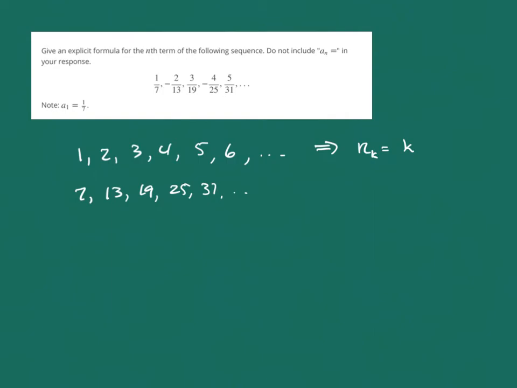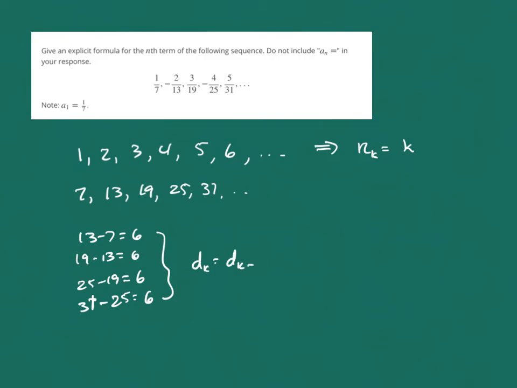For our denominators, we have 7, 13, 19, 25, 31, and so on. If we look at common differences there, 13 minus 7, we get 6. 19 minus 13, again, we get 6. 25 minus 19 is 6, as is 31 minus 25. This tells us that our kth denominator is going to be our previous denominator plus 6.